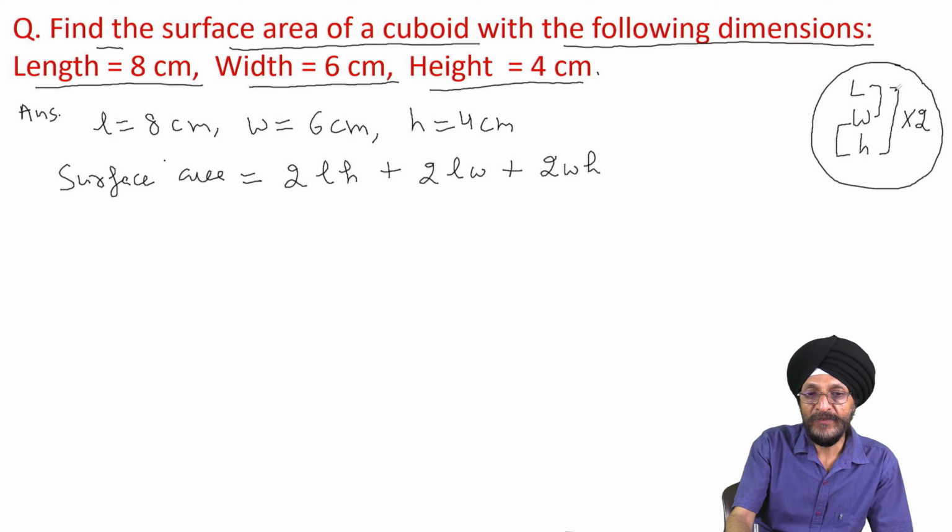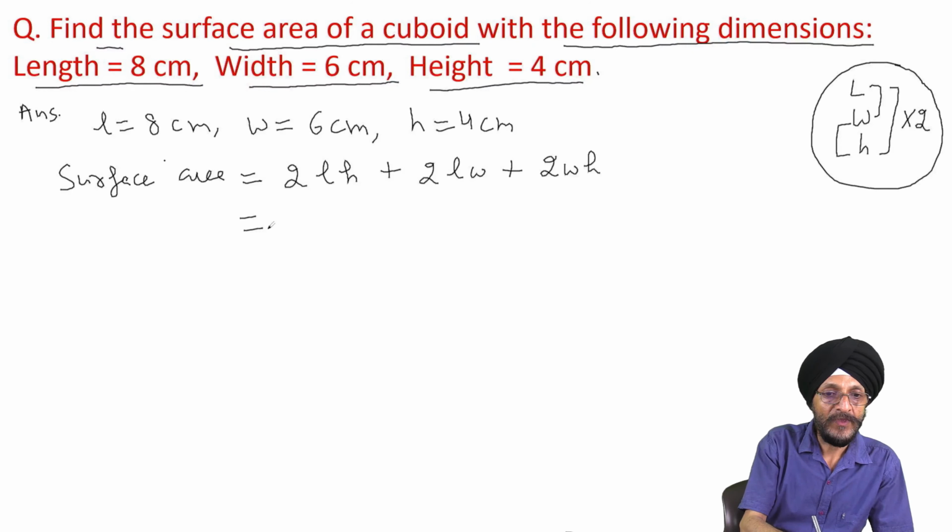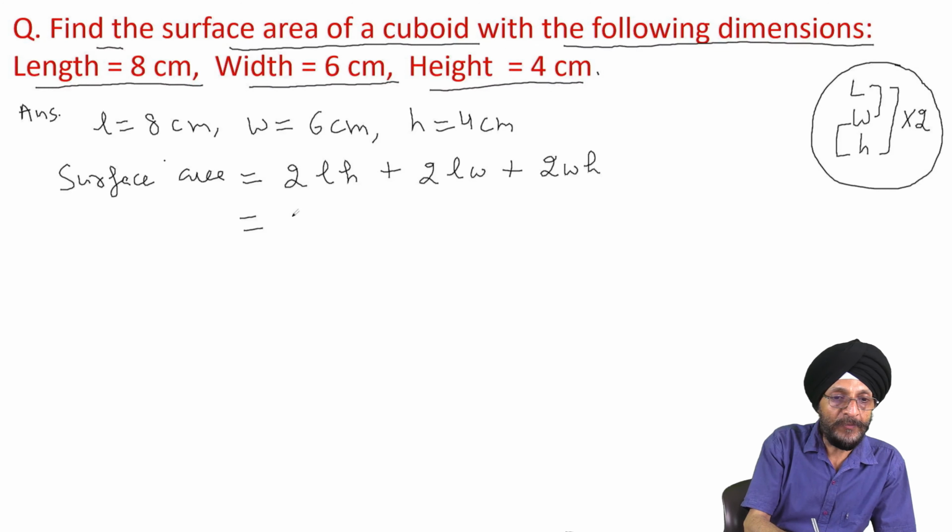So here we have seen that each of these has to appear twice. We have written LW on the second point. It does not mean the value will be the same. So we will put in the relevant values. What is the value of length?